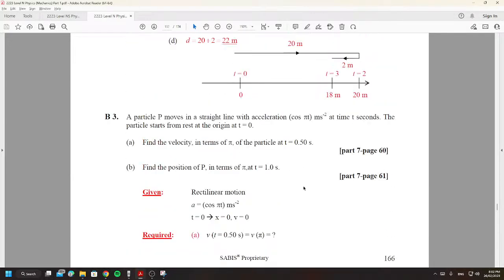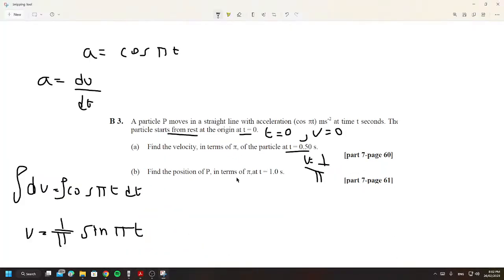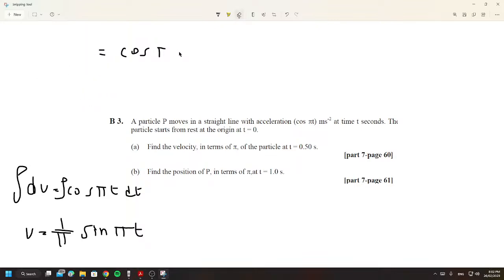Now, find the position of p in terms of pi at t equals 1 second. So to find position, we're going to have to integrate velocity. Velocity is equal to dx over dt, and then we equate these two together.